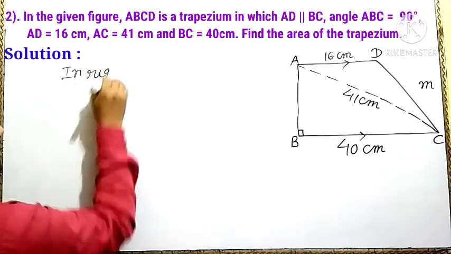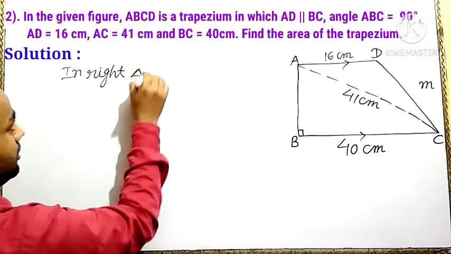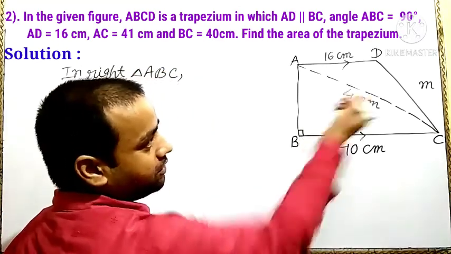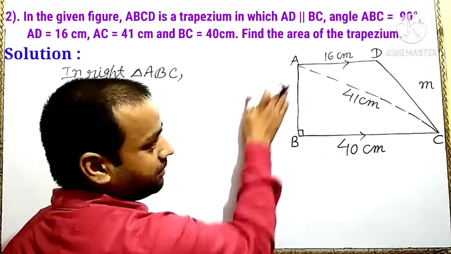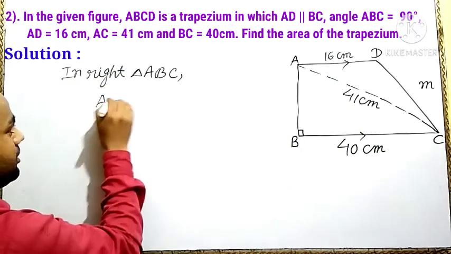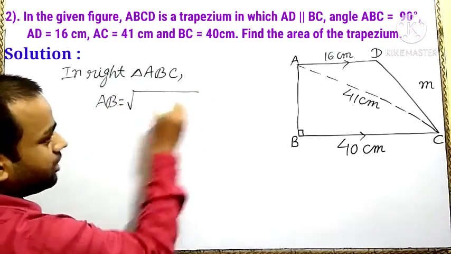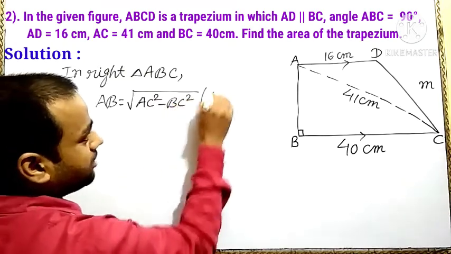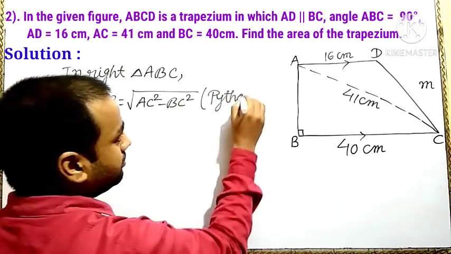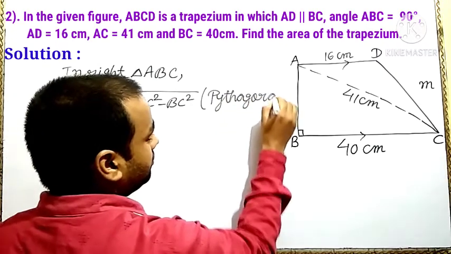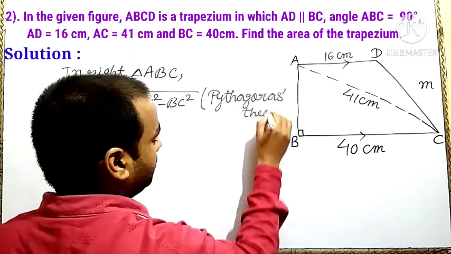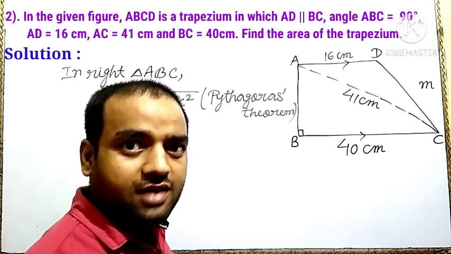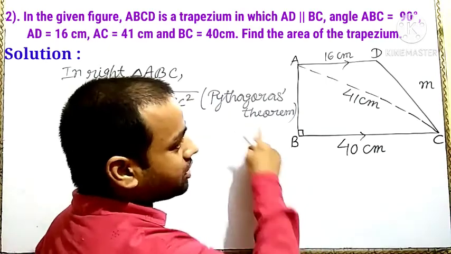In right triangle ABC, 90 degree opposite side is hypotenuse. Here remaining perpendicular means here AB is equal to square root AC square minus BC square by Pythagoras theorem. In previous classes, you had learned Pythagoras theorem.